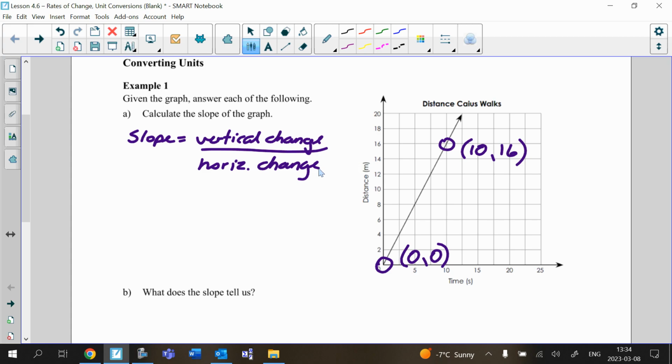Divide that by the higher x minus the lower x, 10 minus 0. And you get 16 divided by 10, which is 1.6. So you guys should be familiar with how to calculate that.